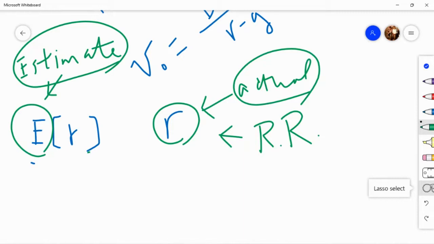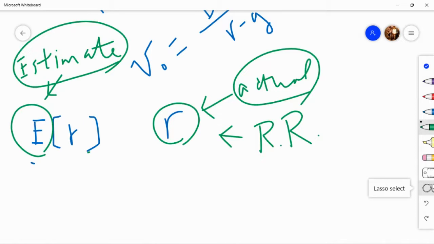The expected return you may have seen from Finance 100 is usually the average return of the past returns, such as the past 5-year returns, monthly returns.